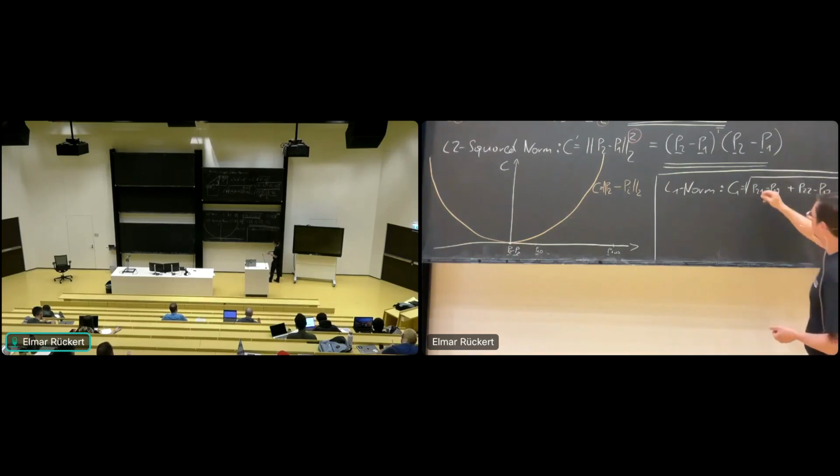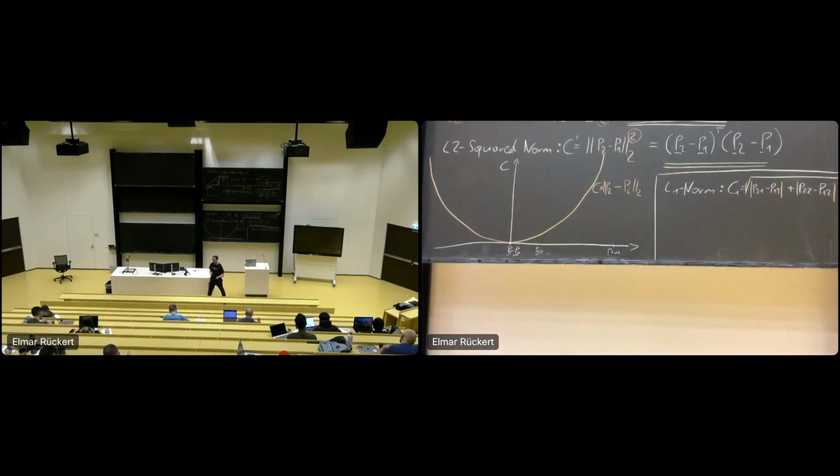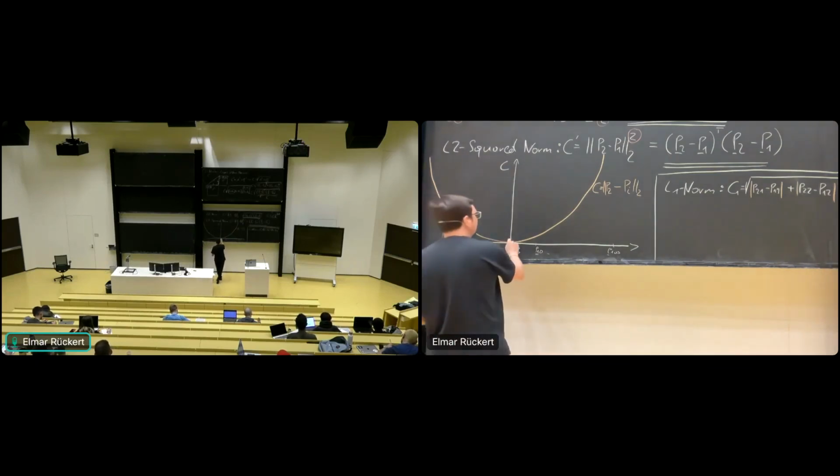I take the absolute values here, such that my measure is not sensitive to the direction. So this is the L1 norm, taking the absolute values. The L1 norm is linear.